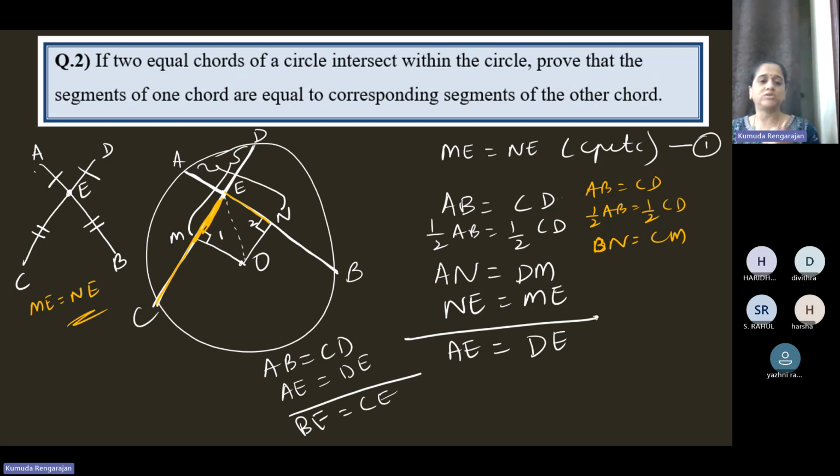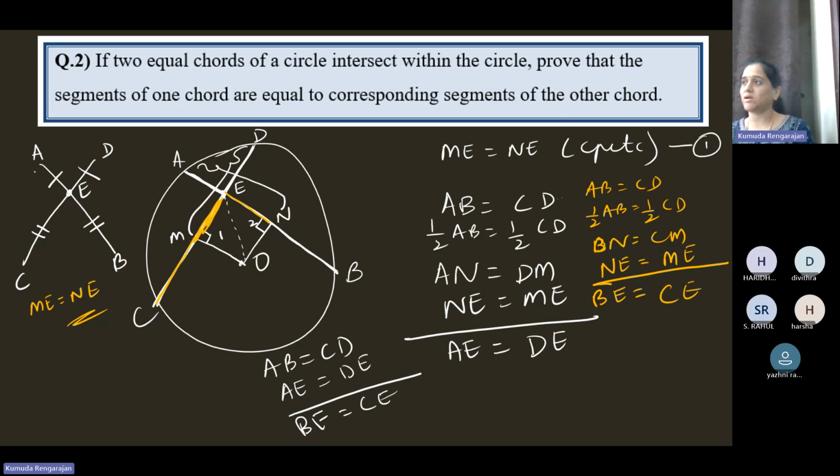Below BN, we should write NE, and below CM, ME. Now add these two results. BN plus NE is BE, and CM plus ME is CE.